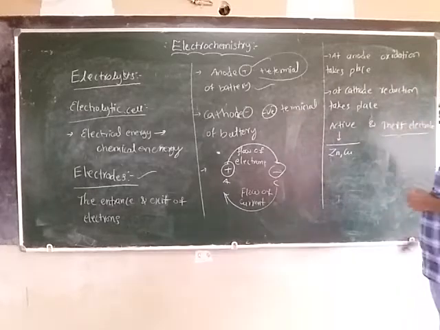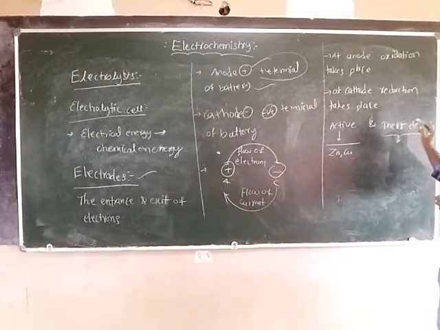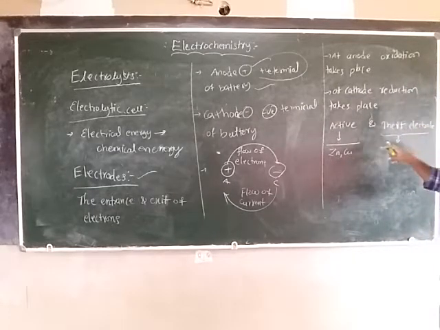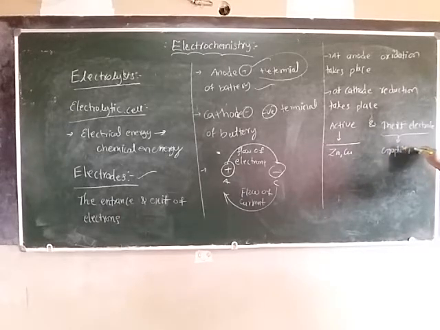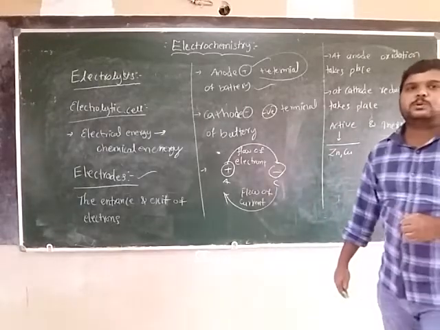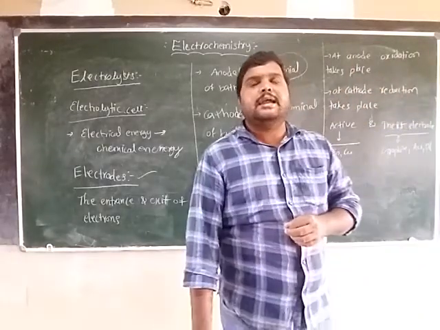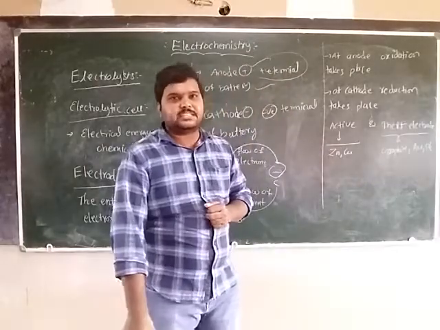Inert electrodes are the electrodes which do not get involved in the electrodic reactions. Examples are graphite, gold, platinum, etc. So there are active electrodes and inert or inactive electrodes.